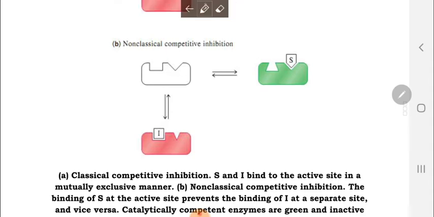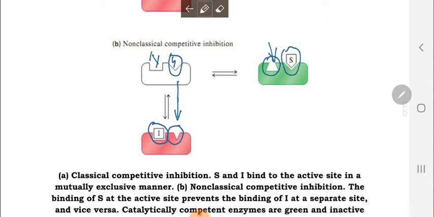This is the substrate binding site, and this is the inhibitor binding site. Once the substrate is bound, the inhibitor site is locked. You can see this one is modified, so it will not allow the inhibitor to bind. At the same time, if the inhibitor is bound, the substrate binding site is modified, so this broader one is changed into a narrow one. That is the difference.